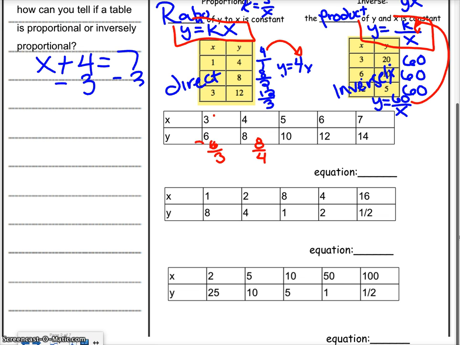Well, 2 over 1. 2 over 1. And then I just check 2 over 1, 2 over 1, 2 over 1, all throughout. So this is directly proportional because the ratio is the same. And my equation would be y equals 2x, or 2 over 1x.